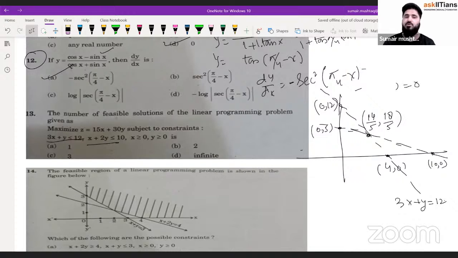Now put these points. The feasible region has corners 0 comma 5, 4 comma 0, 0 comma 0, and this point. When you put the values, you will get the maximum value at this point and at this point. I'm just giving you the brief because we need to complete this very fast. So I will get 2 points. Fine.